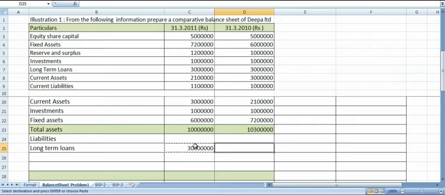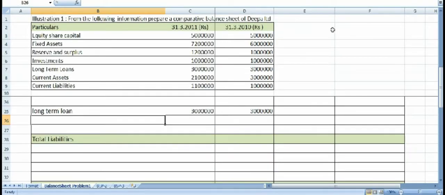Next we have to look at the other liability, called current liability. Next we have to see what other liabilities are available in the given problem. They have mentioned current liabilities, so it comes under the liability section, and I am adding this current liability. Current liability is mentioned as 10 lakh at one end, so I am just posting 10 lakh here and the other is 11 lakh.